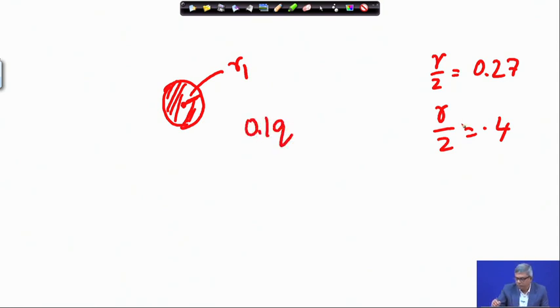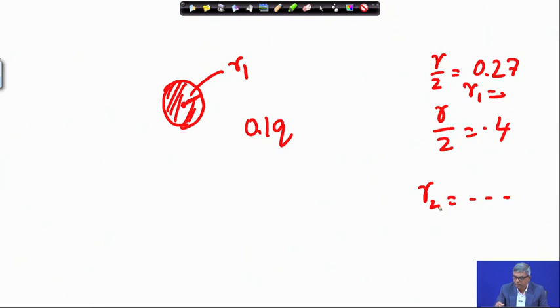Similarly, now if I do the same with r by z equal to 0.4, z is the same. That is actually for 20%. So, that will give you r2 equal to some value. Here we got r1 corresponding to 0.1 q, and here r2 corresponding to a different value.